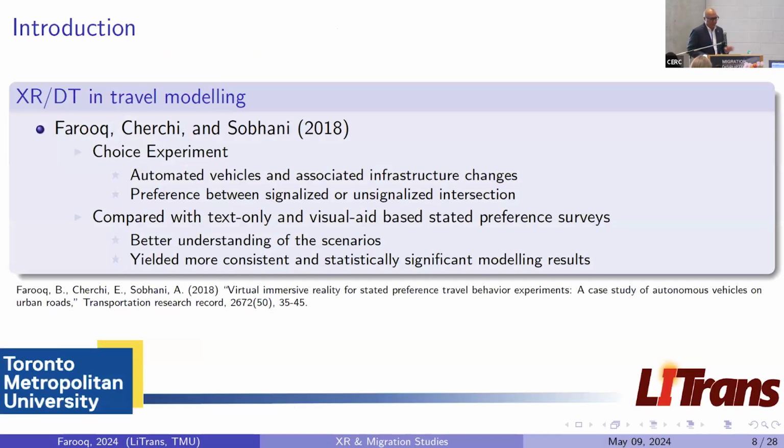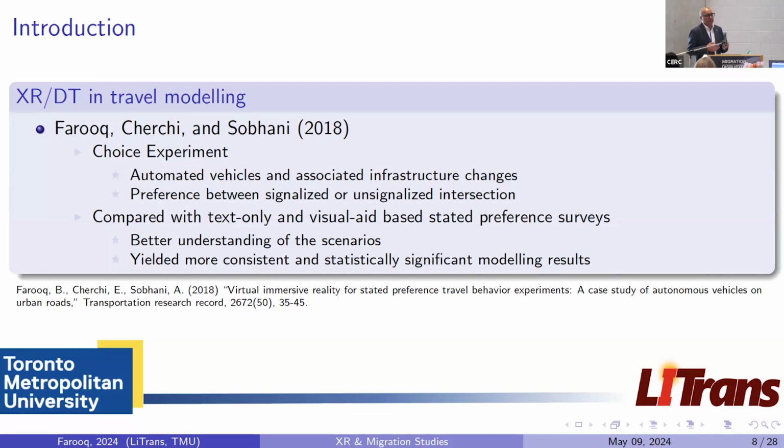So the first work that we did, we focused on: okay, are we doing better than the existing ways or not? A stated preference survey usually might be on a piece of paper, or on a web interface or a mobile interface. So it's usually text only. You can also bring in visual aids as well.